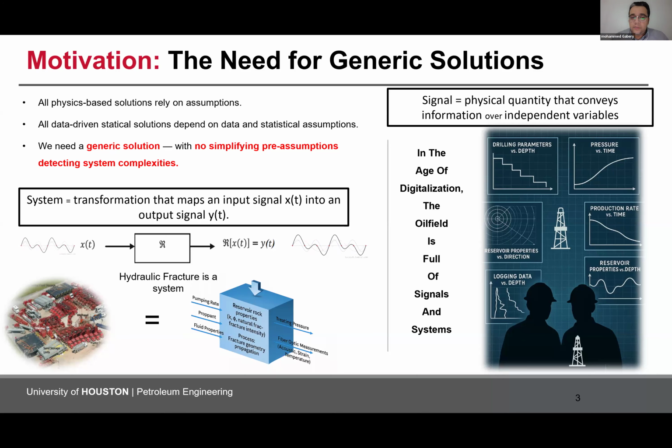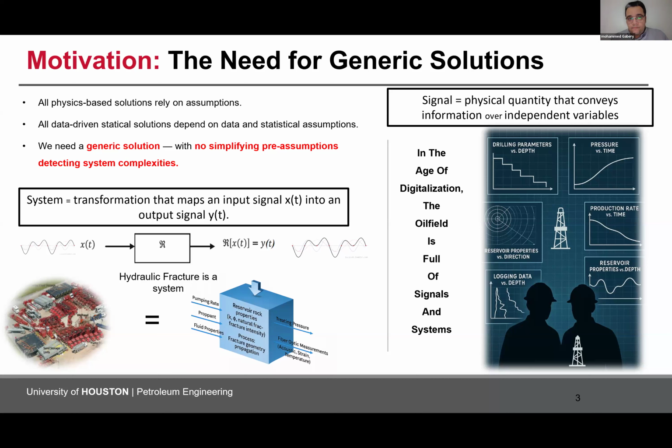We pump with a specific pumping rate, and these inputs interact with the system, which is reservoir rock properties, which has permeability, porosity, natural fracture intensity, and heterogeneity. It's a complex process. Then it delivers an output signal, which is the treating pressure, or in high-tech cases, fiber optics or microseismic events, and all this is the output of our system.